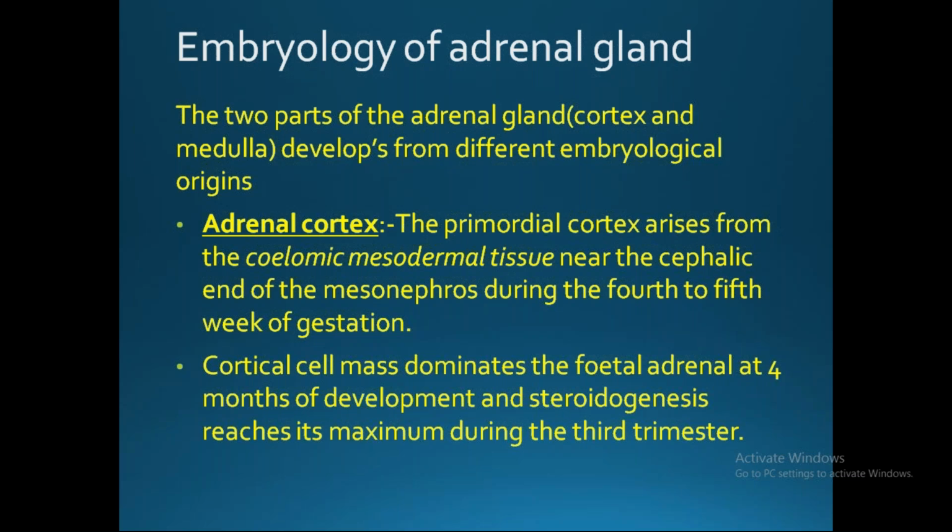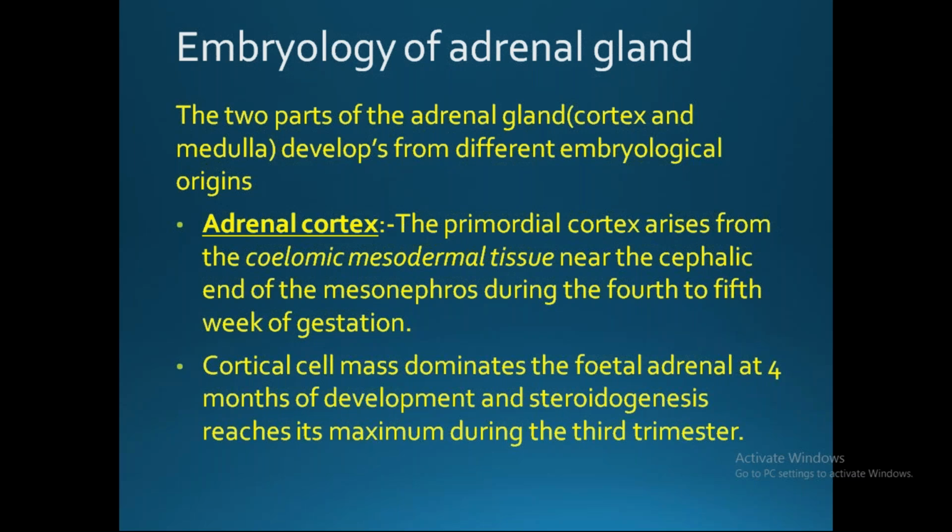And on cross section, you can see the outer adrenal cortex and the inner adrenal medulla. The cortex functions in a different way, and the medulla functions in a different way. This is because they have different embryological origins.